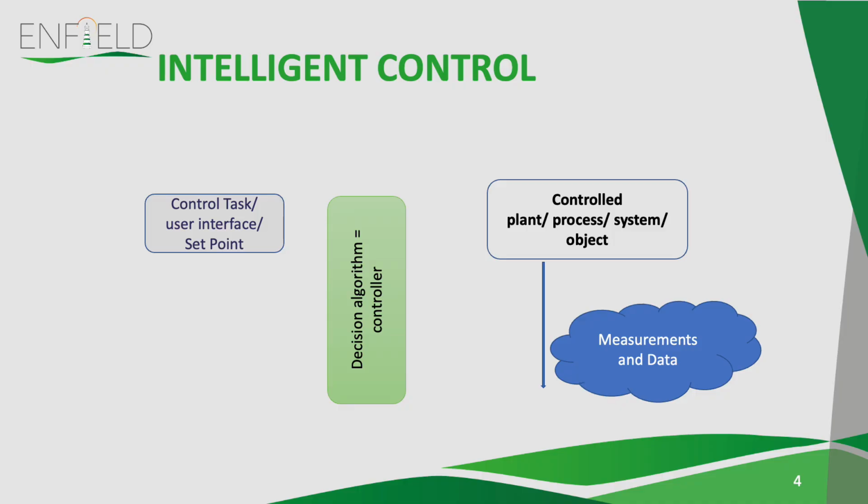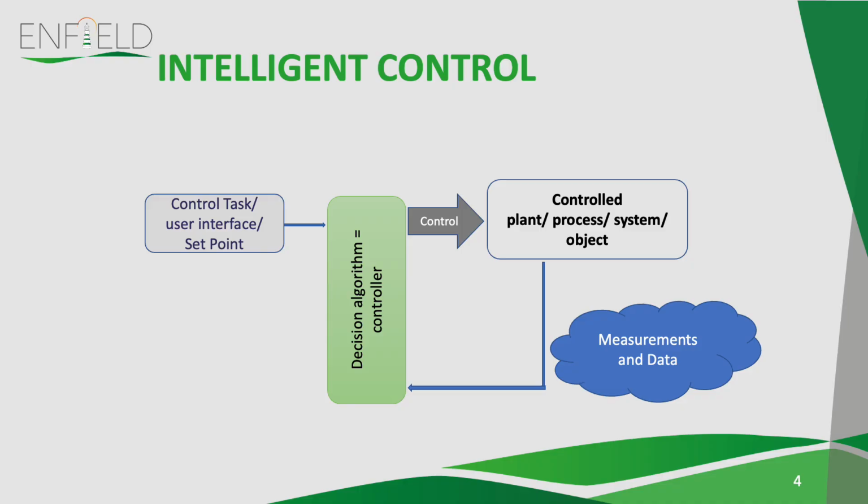All this information from requirements to measurements representing the real situation with the system come into the decision algorithm that is also called controller, and this controller makes a decision what has to be done. Do we need to heat the room or do we need to cool it down? Do we need to accelerate the car or do we need to brake?